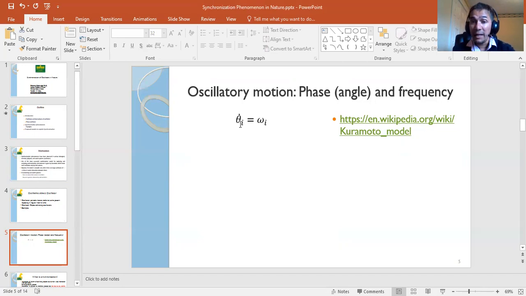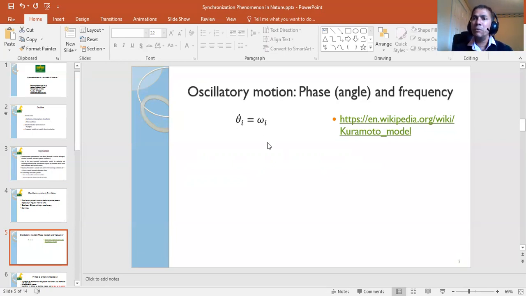We normally use theta to represent angle, and omega, or you can also call it W, is the symbol of frequency. Angle is related to theta dot, which means angle over time.